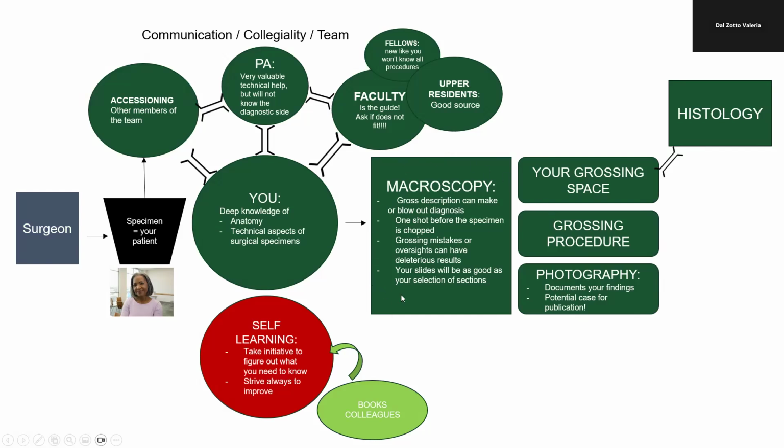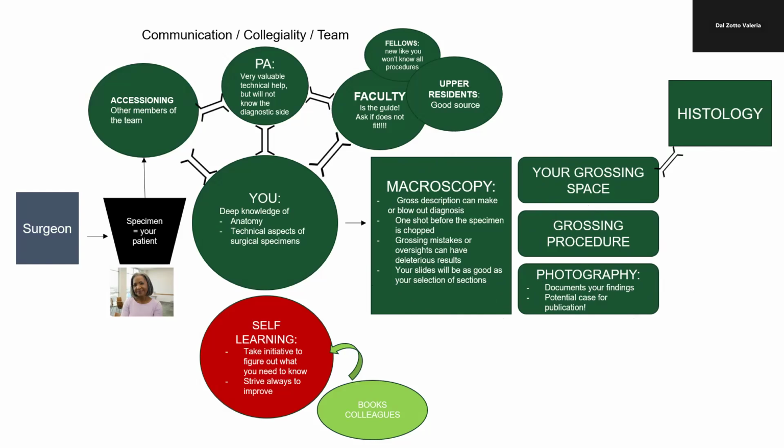For performing this task, we're going to go over some areas: your grossing space, your grossing procedure, and the photography. We are not going to touch the photography portion. This is going to be in another lecture. But know that photography is very important.